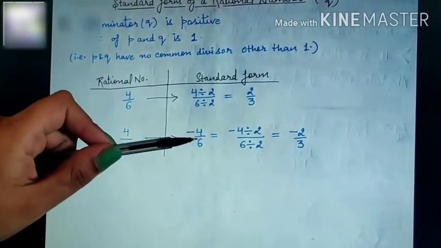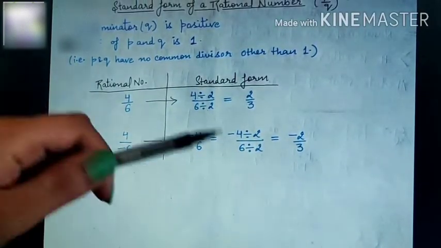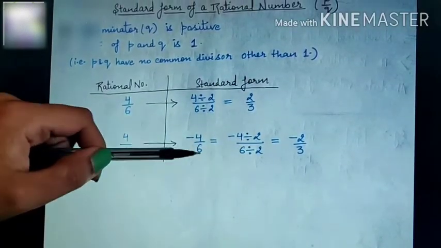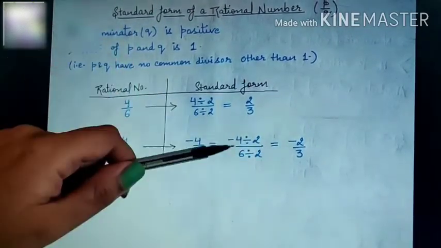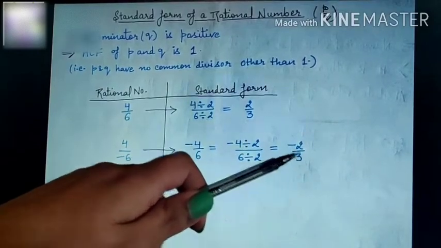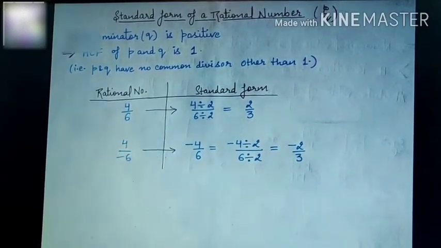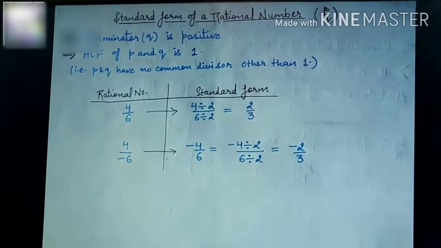HCF of 4 and 6 is 2. To make it 1, we will divide it by 2. Minus 4 divided by 2 upon 6 divided by 2. Minus 4 divided by 2 is minus 2 and 6 divided by 2 is 3. So minus 2 by 3 is the standard form of minus 4 by 6. So this is how you write a rational number in the standard form.